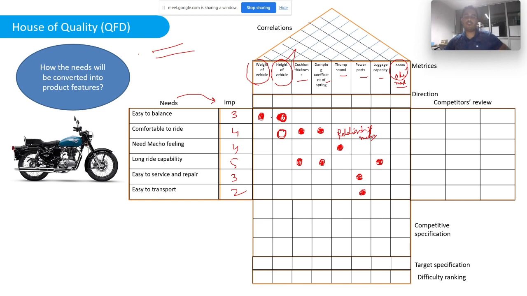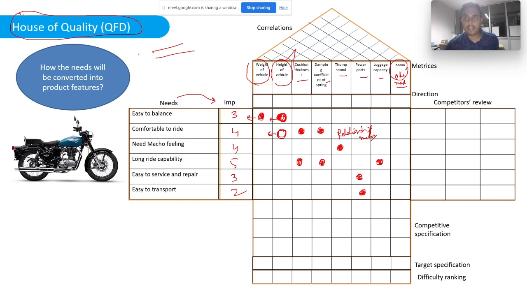We try to understand from here who is mapping what. If you see vertically, weight of the vehicle influences what, height of the vehicle influences what. Can you see these relationships? Yes, sir, I can see. So it's a better way of analyzing things. Probably it was difficult for you to analyze initially, when I tried to let you understand that Royal Enfield is 5 star.